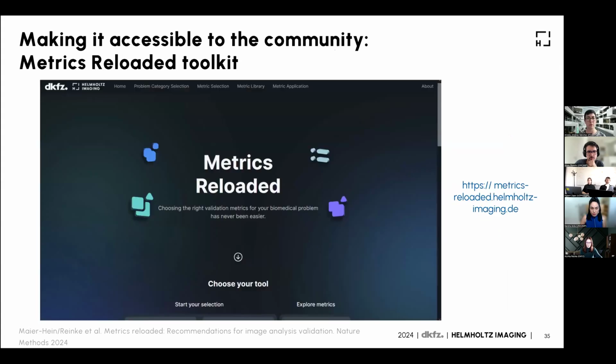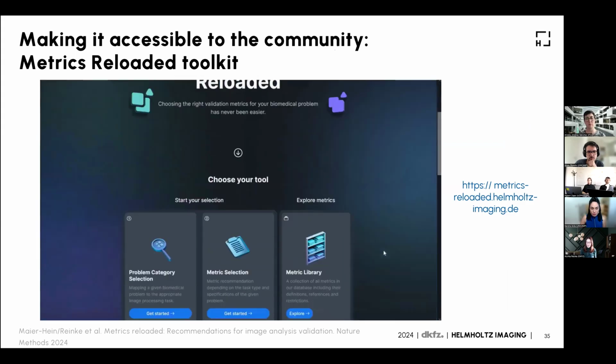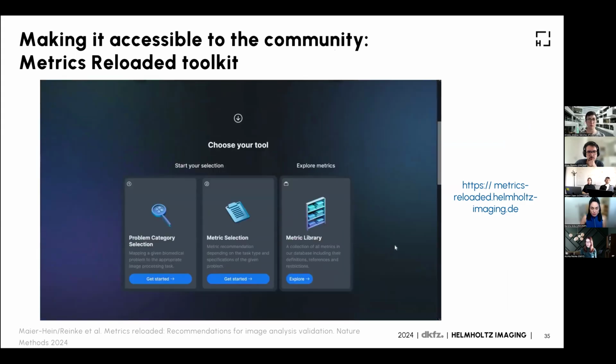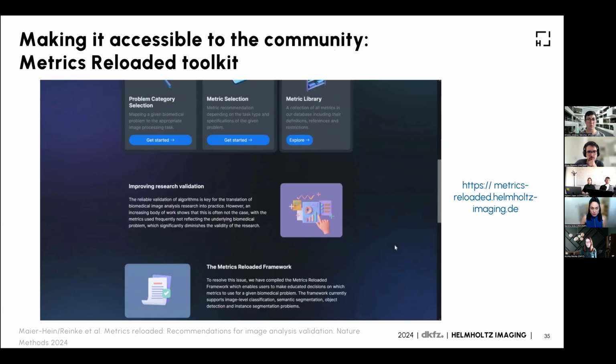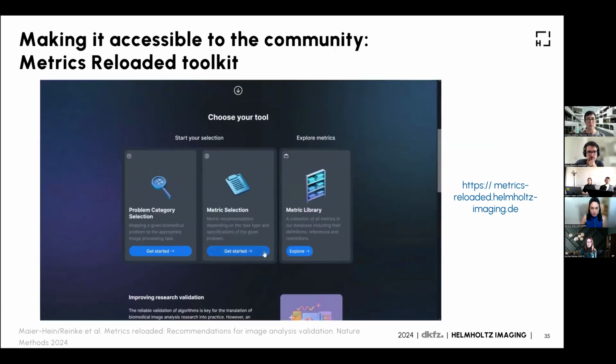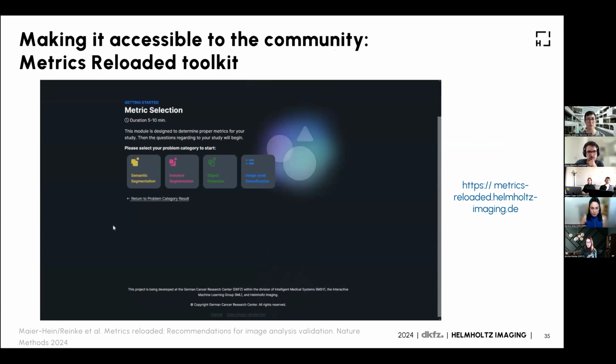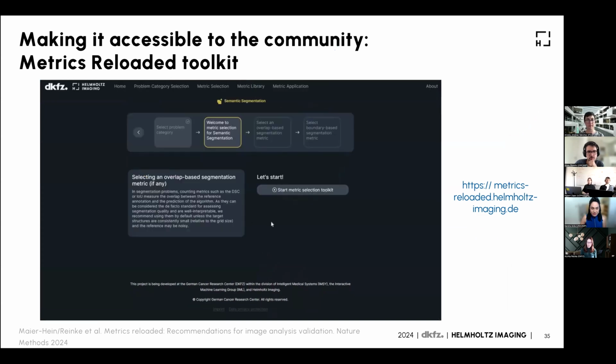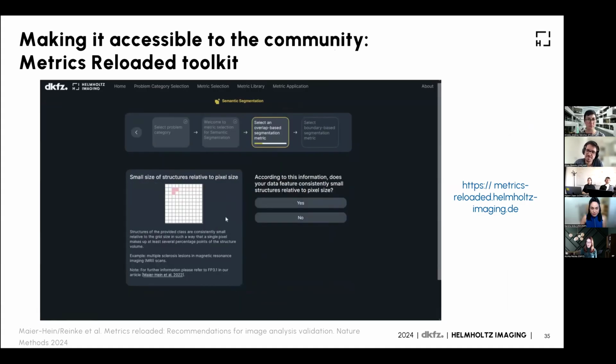Finally, we wanted to put this together into an online resource, which you can find under the link on the right, where we put all of the theory together into an online toolkit, which guides you through the whole process, so you don't have to worry about the theory and all the charts and the fingerprint. You just go with the flow. The system will present you with all of the different questions.